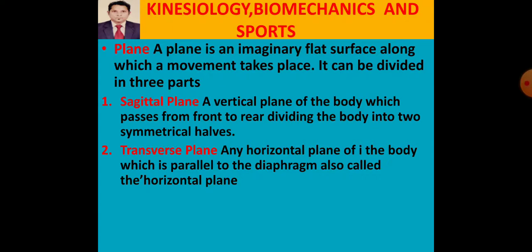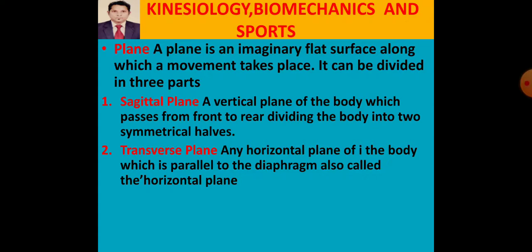Transverse plane: any horizontal plane of the body which is parallel to the diaphragm, which is called the horizontal plane. Frontal plane: plane of the body which passes from side to side, at a right angle to the sagittal plane, also called the coronal plane.